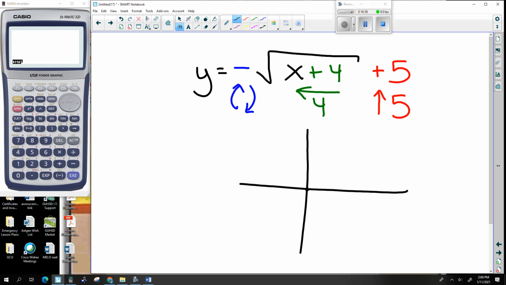So of your base equation, which would be 1, 3, 5, this is what the x squared looks like. What you would do is take that important point, blue and purple, and move it left 4 and up 5.